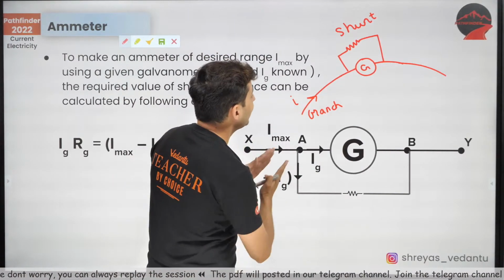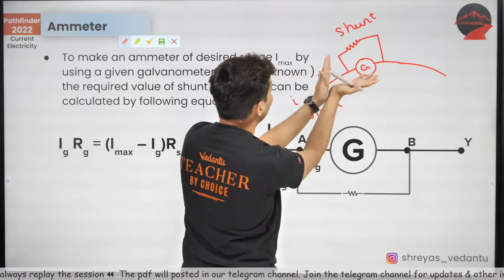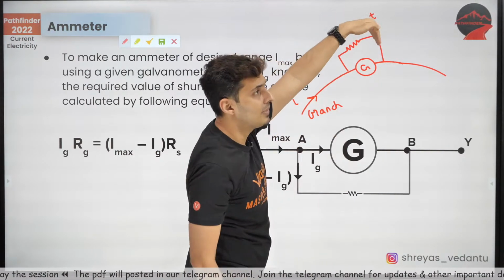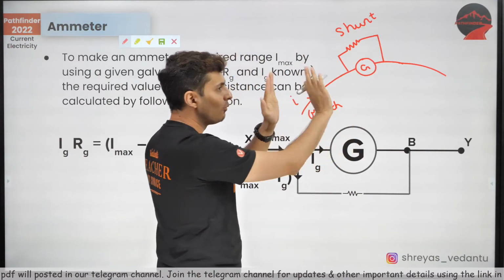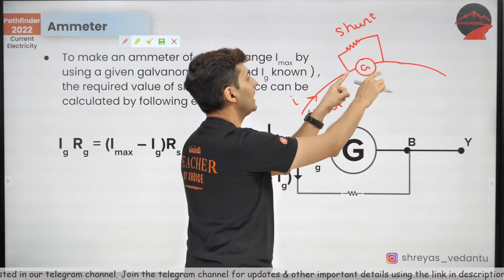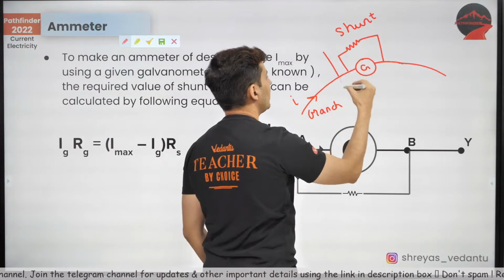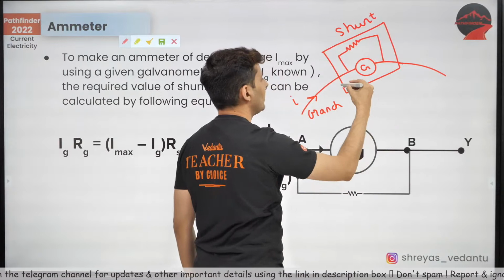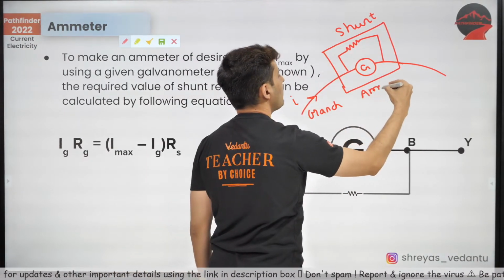Now, when that big current passes, very little current will pass through the galvanometer. Most of the current is made to pass through the parallel resistance, and now the galvanometer won't get burnt and it will still deflect and show you the reading. That's nothing but an ammeter. So a galvanometer with a resistor in parallel is called an ammeter.